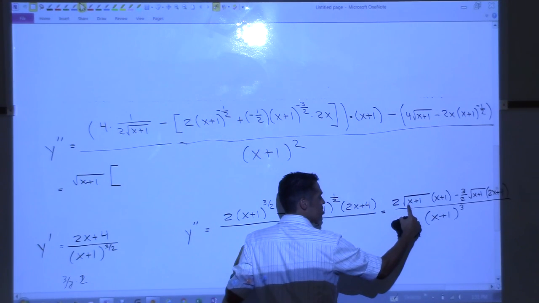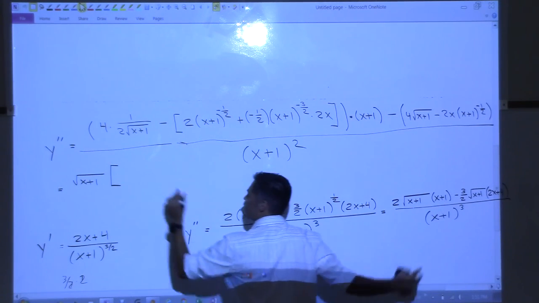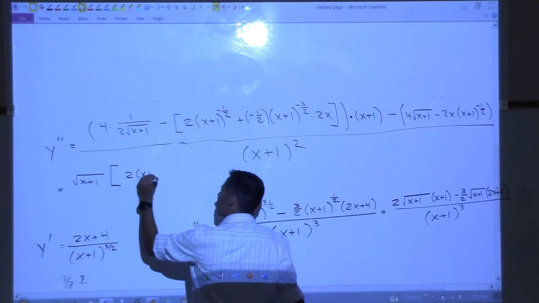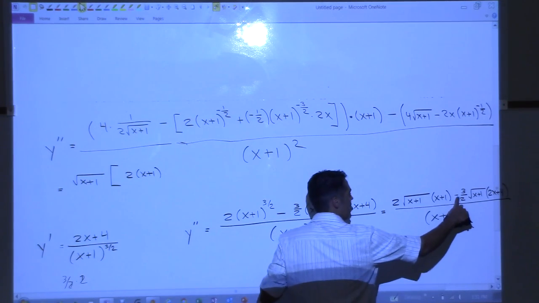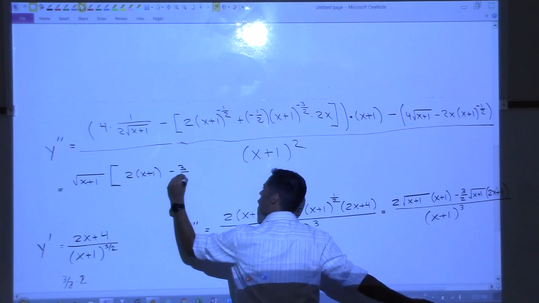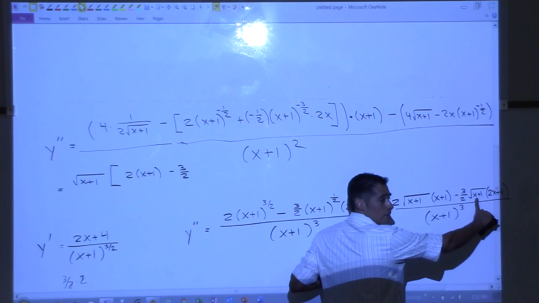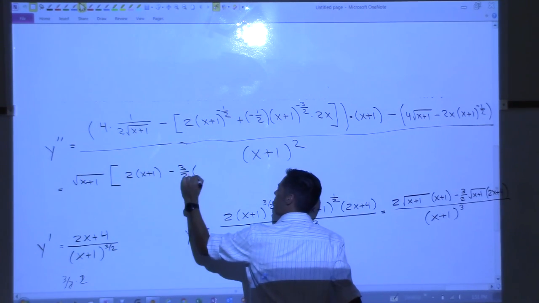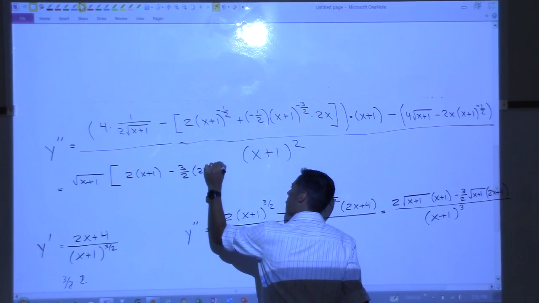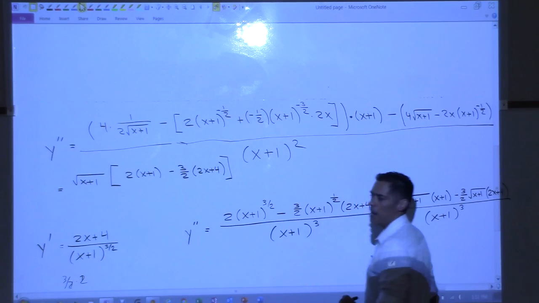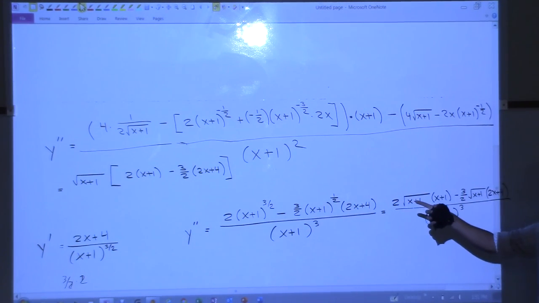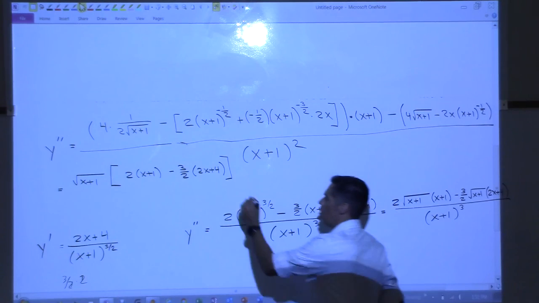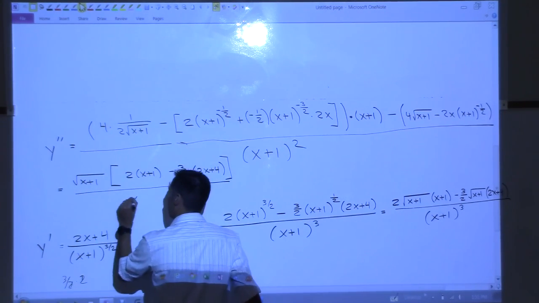So all that's left here is what? 2 times x plus 1 in parentheses, right? Okay, minus 3 halves. And then I pulled that root out, right? So I'm left with times 2x plus 4. So that's what happens when I pull that out of the top. With me? All over x plus 1.